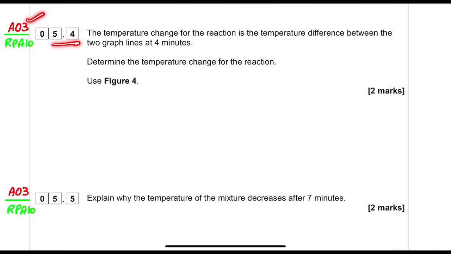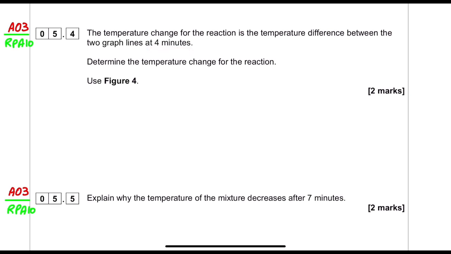5.4 is an AO3 question from the topic of required practical activity number 8. It's from the same topic of the activity series, exothermic and endothermic reactions. The temperature change for the reaction is the temperature difference between the two graph lines at 4 minutes.